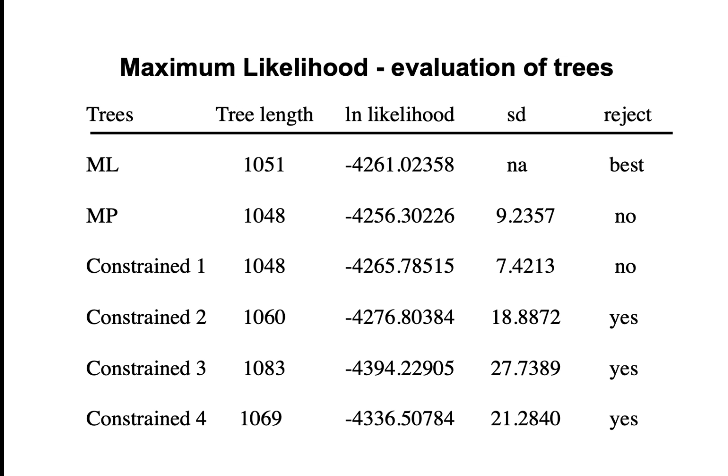So the way these tests were done, the evaluation of these different trees: the maximum likelihood tree here consisted of a total tree length of 1,051 steps, and it's just called the best. And then there's the log likelihood. That was compared with the maximum parsimony tree, which had 3 fewer steps and had about the same log likelihood with a low standard deviation.